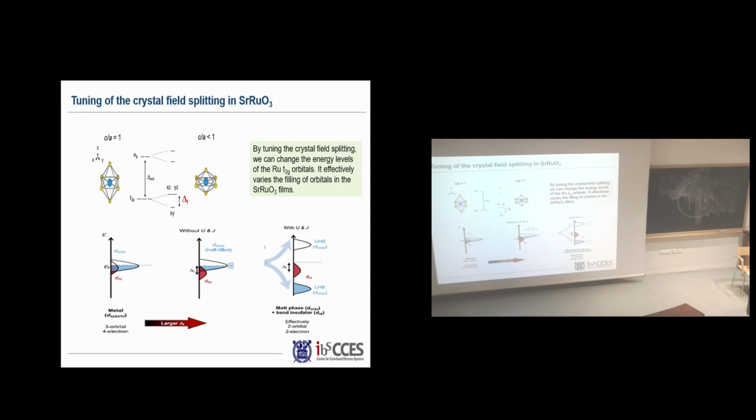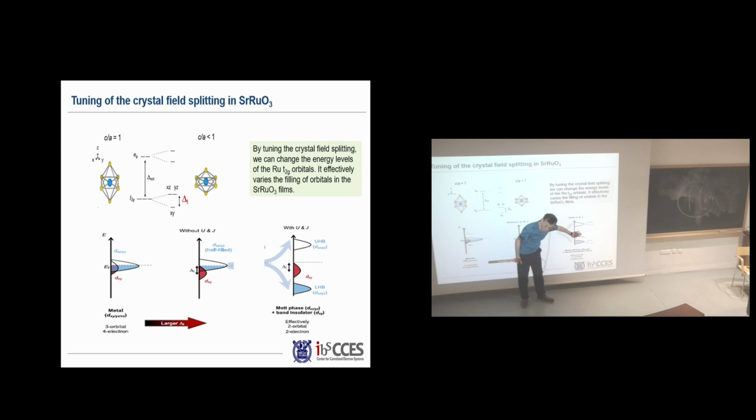But not many people actually address that point. But we believe that is exactly what is happening. And another important thing is that in here, we have 3 orbitals near the Fermi surface and 4 electrons. But in here, near the Fermi surface, this is completely filled, so this is actually out of our concern.